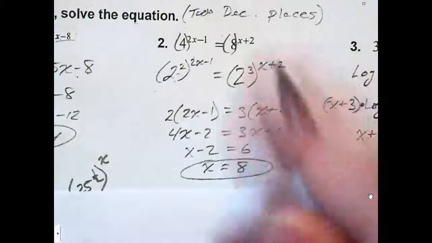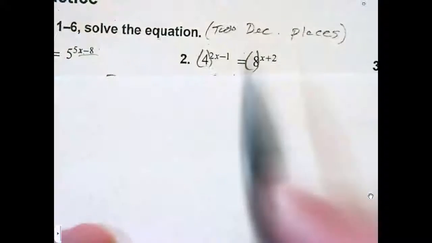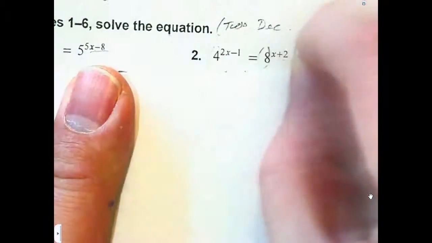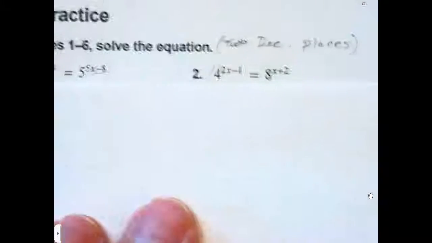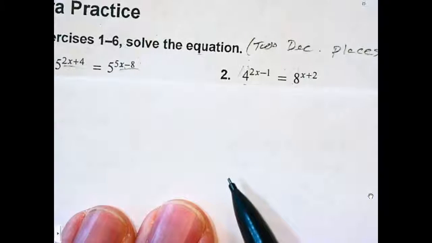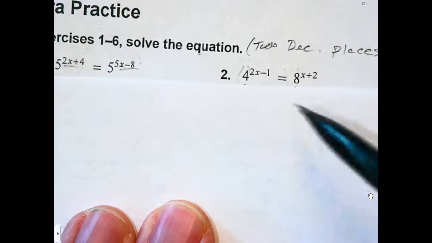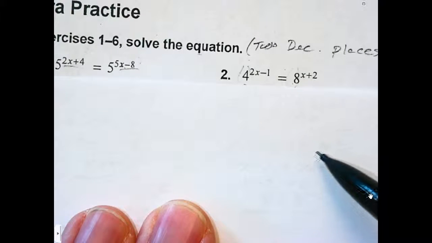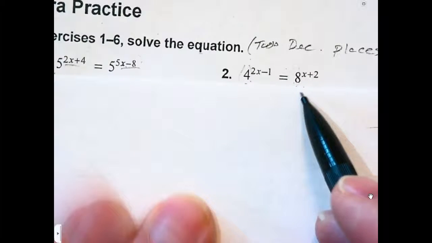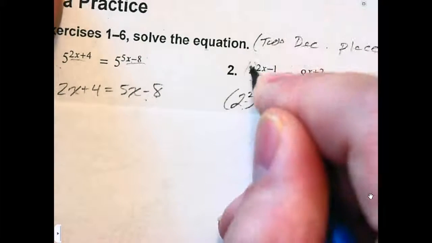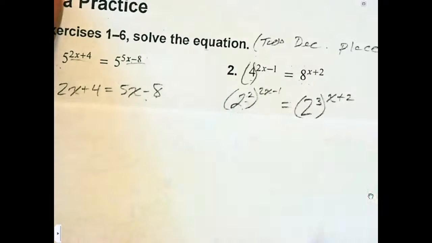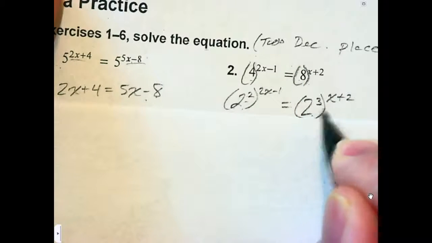Number 2. Note to yourself, well, I look at it and the bases are not the same. Question becomes, can I make them the same? So like if you're writing yourself notes, first, are the bases the same? No. Can I make them the same? Yes, they're both base 2. By base 2, that's 4 squared. 4 becomes, is 2 squared. And 8 becomes 2 cubed.